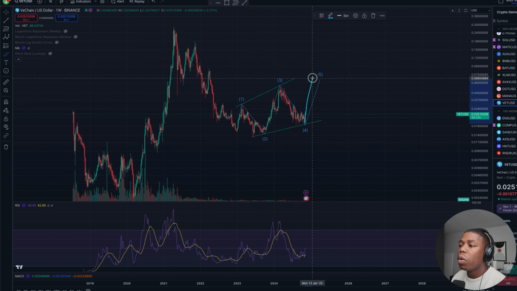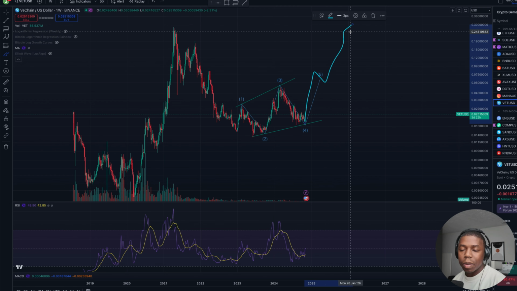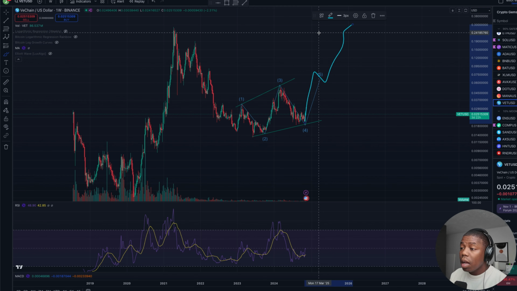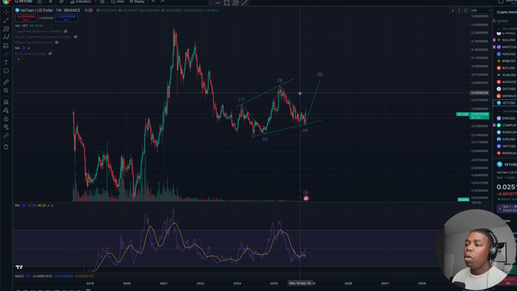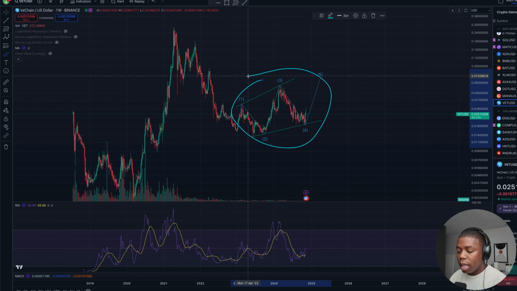And as we mentioned before, we can see this wave 5 come in, pull back, and create that tail where it just goes absolutely crazy. That could be a part of what Vechain does in this next bull run, but who knows? I'm just going conservatively off of what we have showing with this pattern.